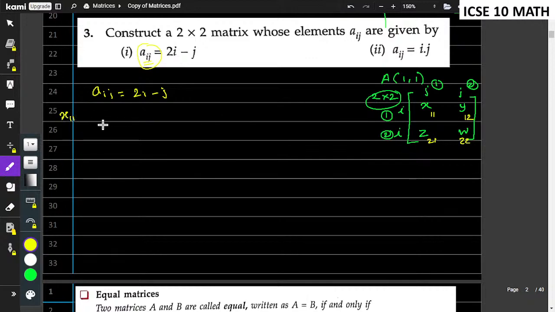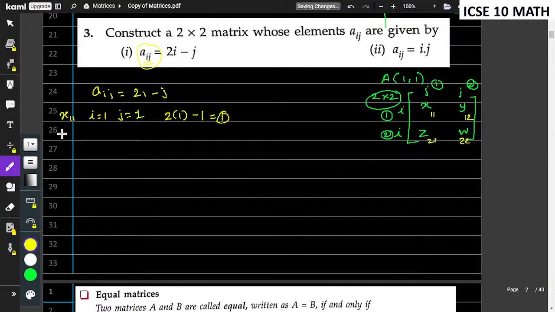X is 1 1. So how do we get X? We substitute these values of I and J. I is equal to 1, J is equal to 1. Substituting, we get 2 into 1 minus 1. So 2 minus 1 is 1. This is the first element.